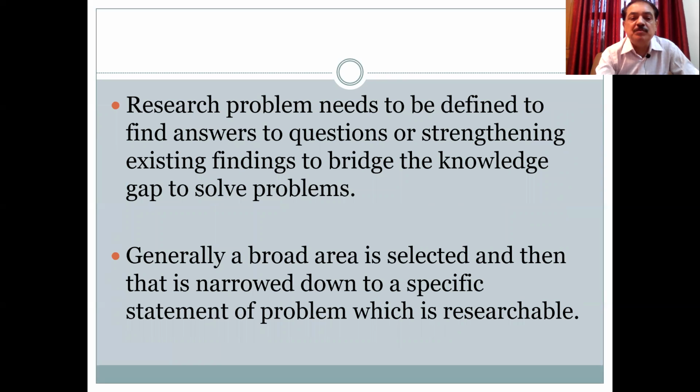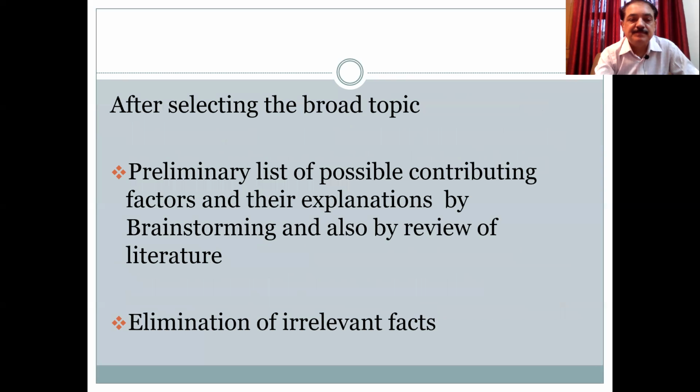Research problem needs to be defined to find answers to questions or strengthening existing findings to bridge the knowledge gap to solve the problems. Generally, a broad area is selected and then that is narrowed down to a specific statement of problem which is researchable. It has to be researchable so that we can find the answers through experiment and data collection.